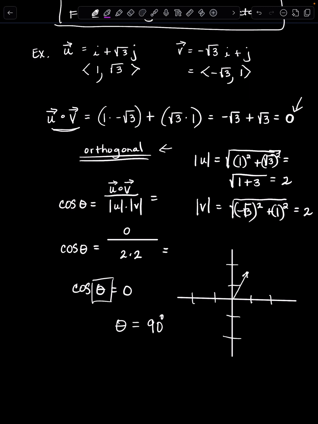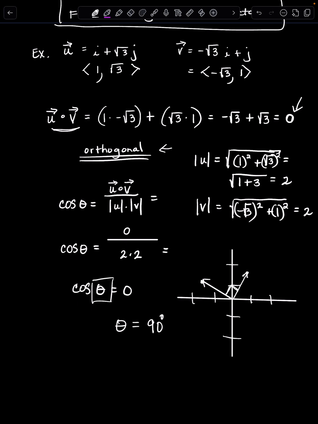My v vector is negative root 3, 1. So there's v, and you can see by sketching that graph that the angle between these two vectors is 90 degrees. That tells us all kinds of things, right? It's orthogonal. It tells us that cosine of theta is 0. It tells us that our dot product is 0.